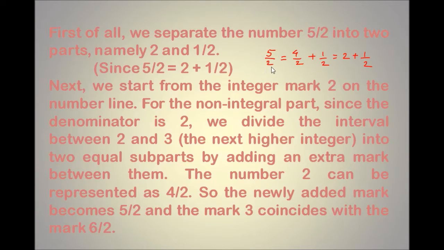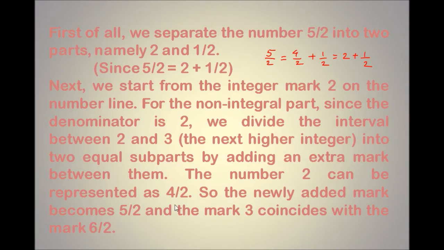And since the number in the denominator is 2, we will be dividing this interval between 2 and 3 into 2 equal subparts by adding an extra mark between them. And the number 2 can be written as 4 by 2. We have done that.